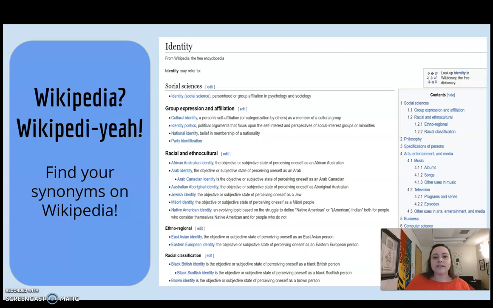So when I typed identity into Wikipedia, you can see all of these other different subcategories of identity. There's identity related to culture, identity politics, national identity, and then party identification, which refers to politics. So there's all kinds of different types of identity, and you might find it helpful to focus in on one of those.